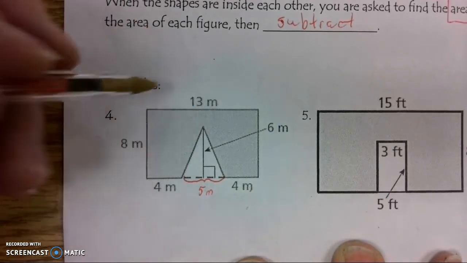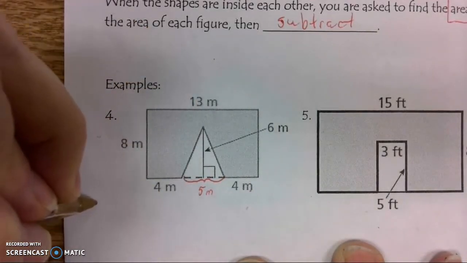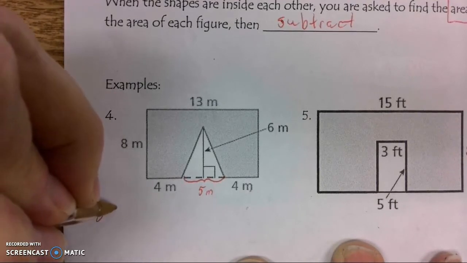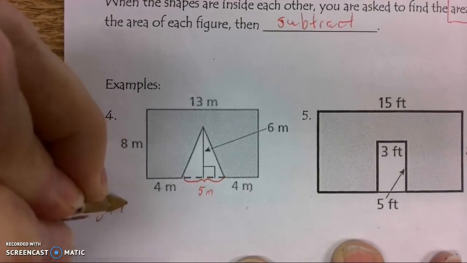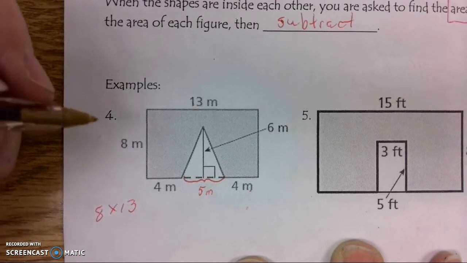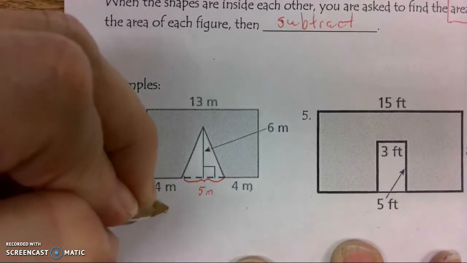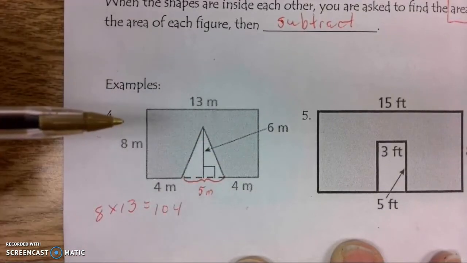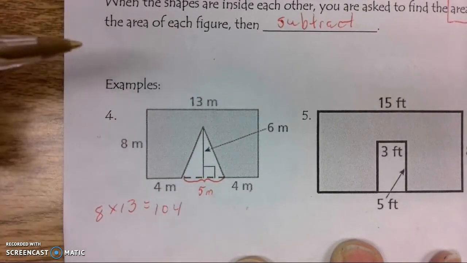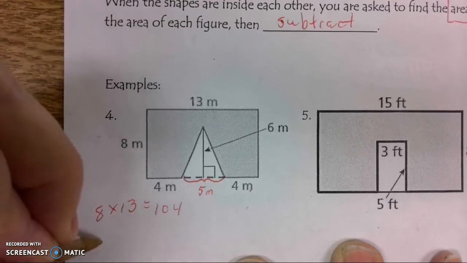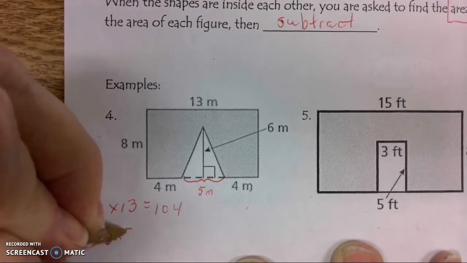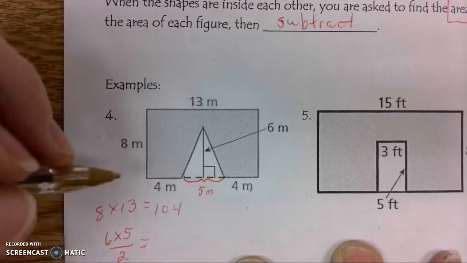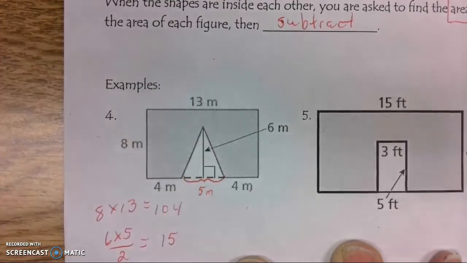So I'm going to find first the larger rectangle, so that's going to be 8 times 13, and 8 times 13 is 104. So 104 is the entire rectangle with the triangle shaded in. Then I want to do 6 times 5 divided by 2, which will give me 15.